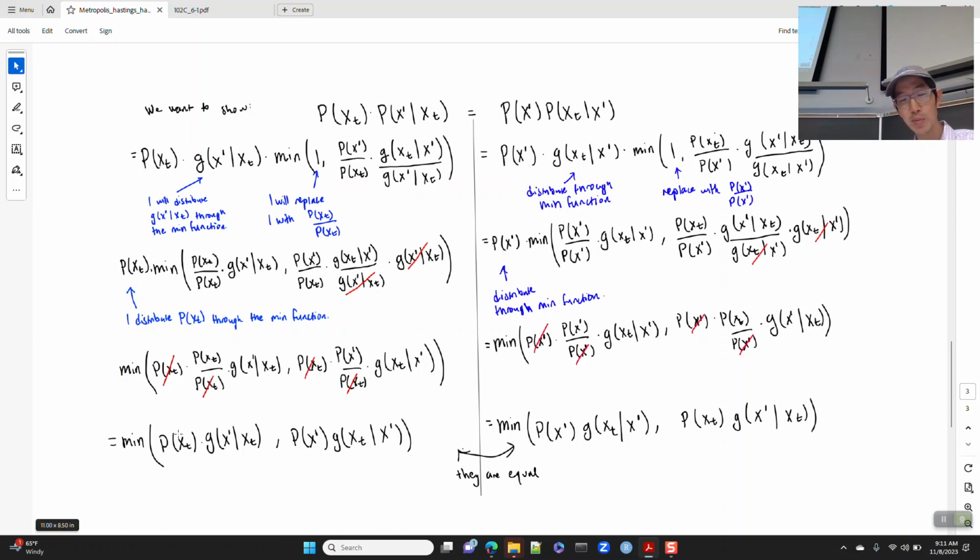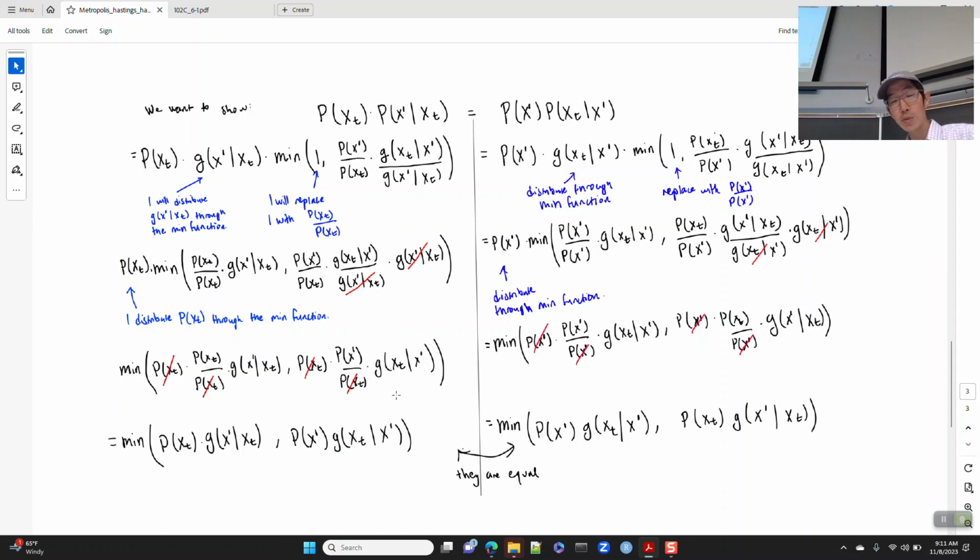So I'm left with probability of xt multiplied by g of x prime given xt. And then when I distribute this to this side over here, I'm going to get probability of xt. That cancels out with this probability of xt, so I'm left with probability of x prime times g of xt given x prime.